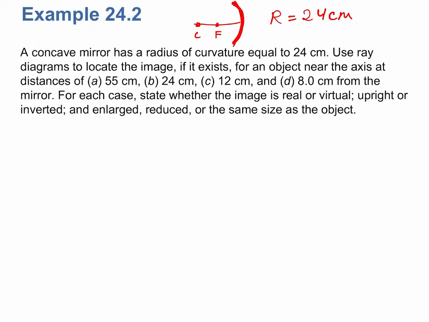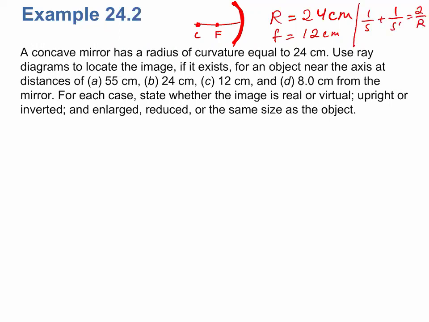That means the focal length is half of the radius, which is 12 centimeters. Okay, so we can also use that. Because one thing I can also do, which I forgot to mention, is modify that equation. Remember, the equation that we had for the mirror was 1 over S plus 1 over S prime equal to 2 over R.